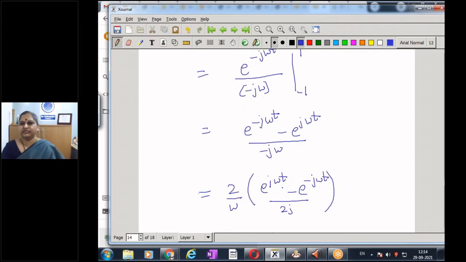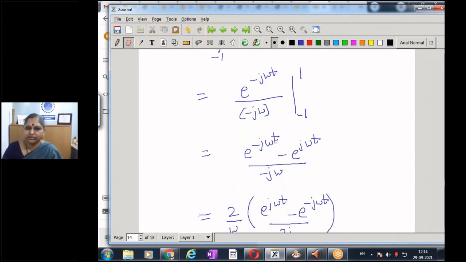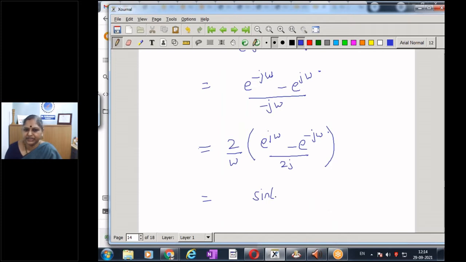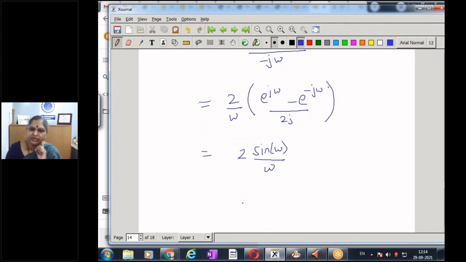After substituting the limits, I will not have the t, because my t was 1 and minus 1. So I have this quantity as sine omega by omega and 2. So finally I have my x of omega as 2 sine omega by omega.